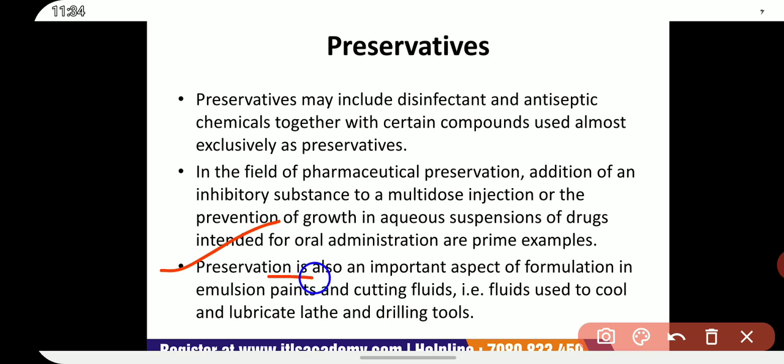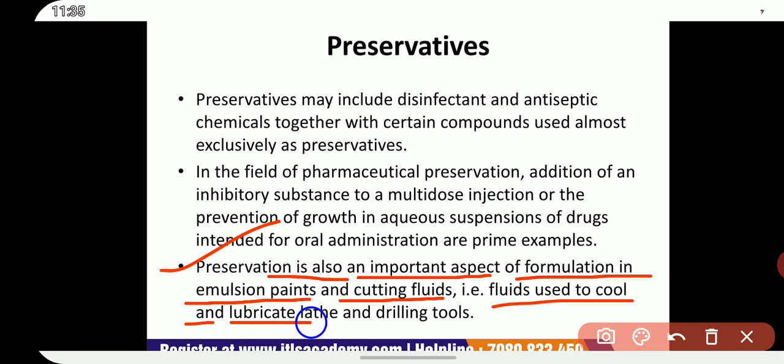Preservation is also an important aspect of formulation in emulsion paints and cutting fluids, that is, fluids used to cool and lubricate lathe and drilling tools. There should be preservation of all these things also.